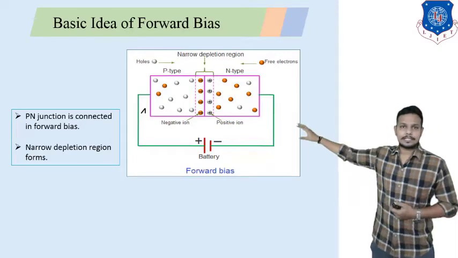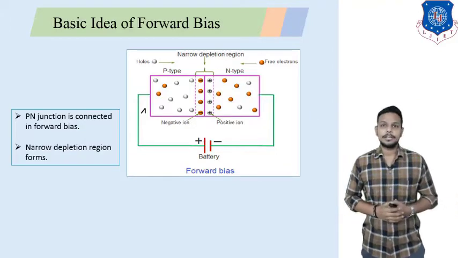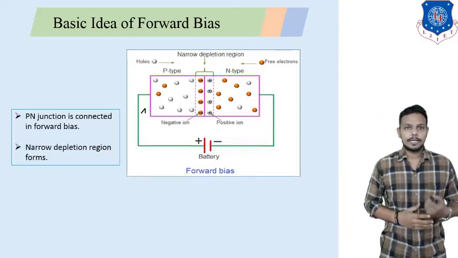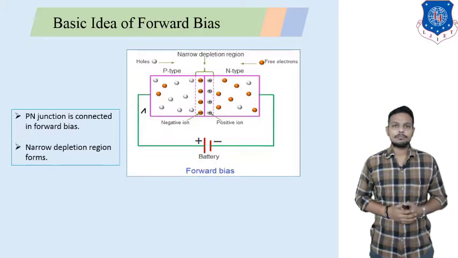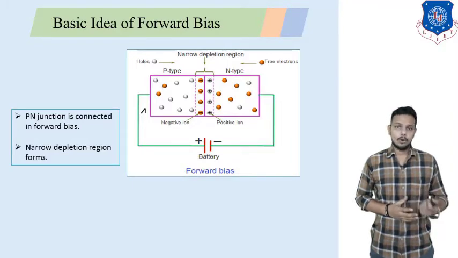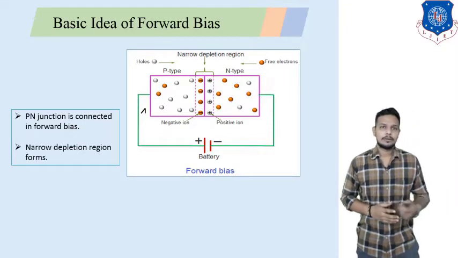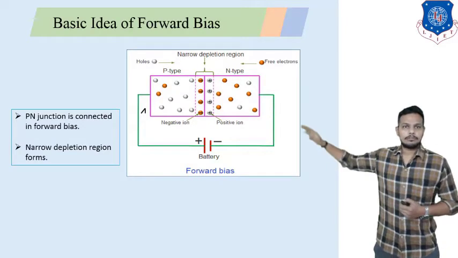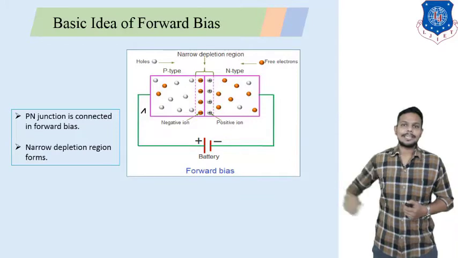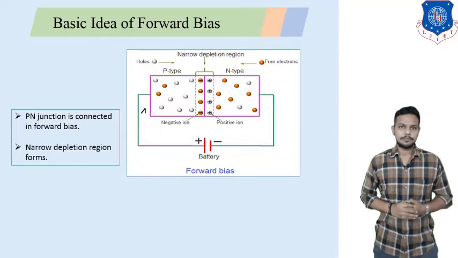Now let us discuss about its working principle. So first, in unbiased condition, there are number of electrons and holes. As we discussed earlier, in n-type material there are number of electrons, which is majority carrier charges, and holes, which are minority carrier charges in n-type material. Whereas in p-type material there are electrons and holes, whereas holes are the majority carrier charges and electrons are the minority carrier charges in p-type material.